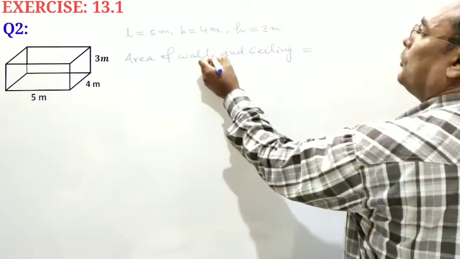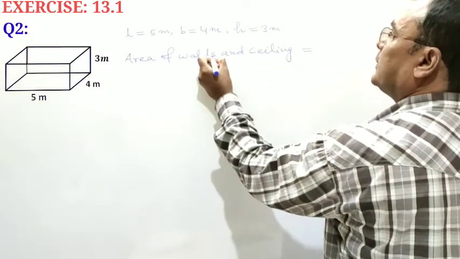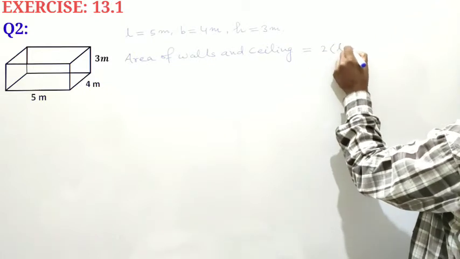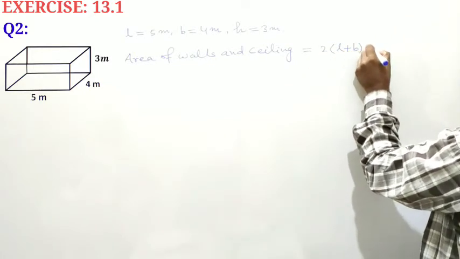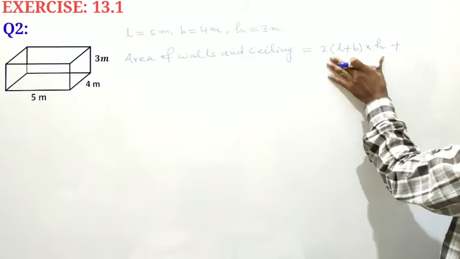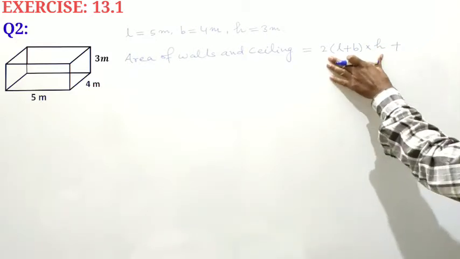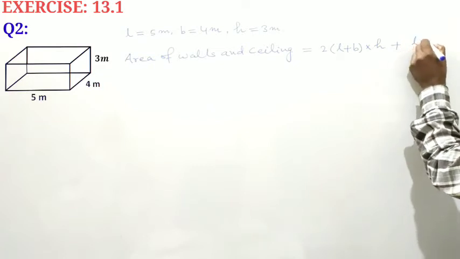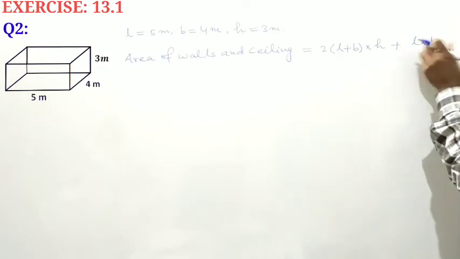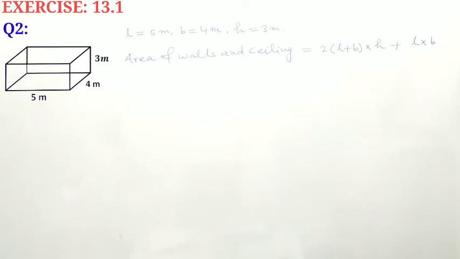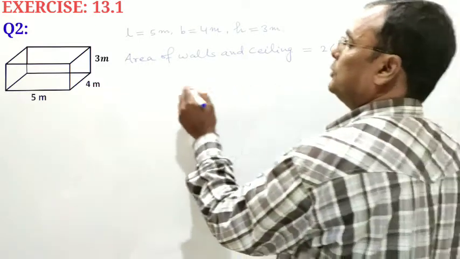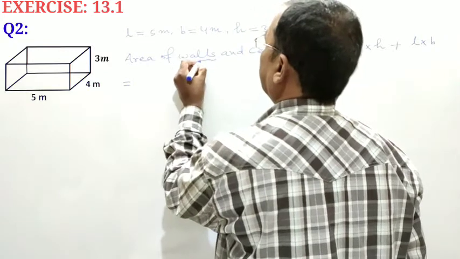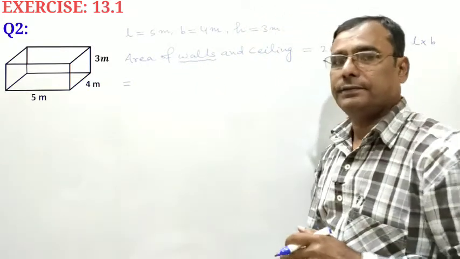So area of walls and ceiling is 2 into length plus breadth into height. This will give area of 4 walls plus length into breadth. This will be area of the ceiling. So this formula we are going to use to find area of 4 walls and ceiling together.